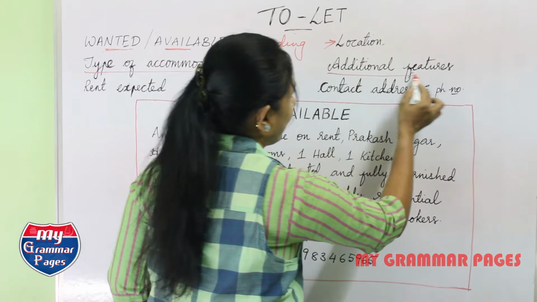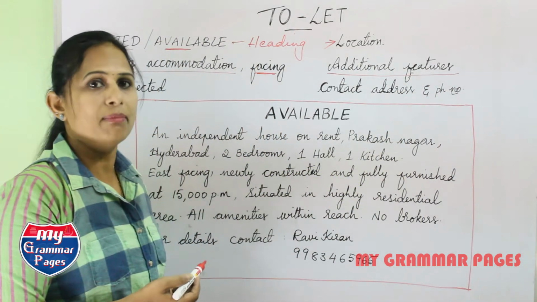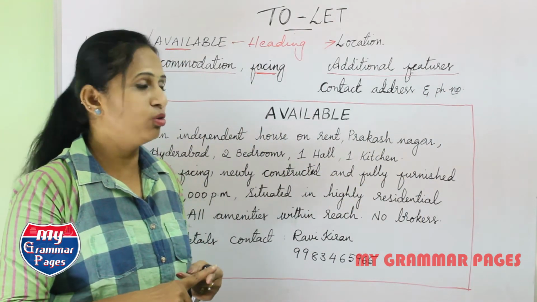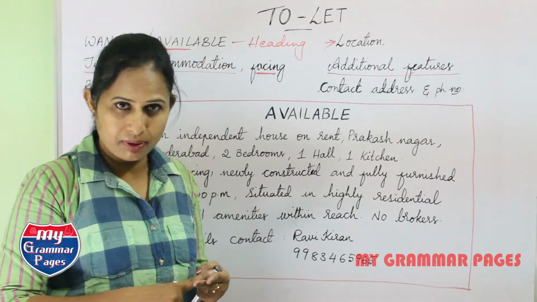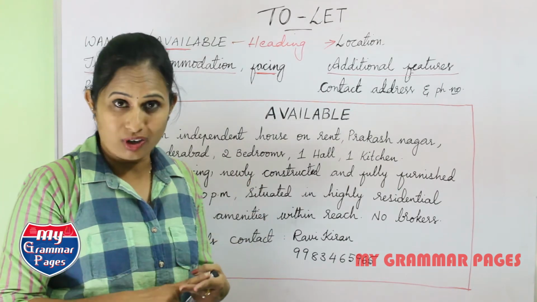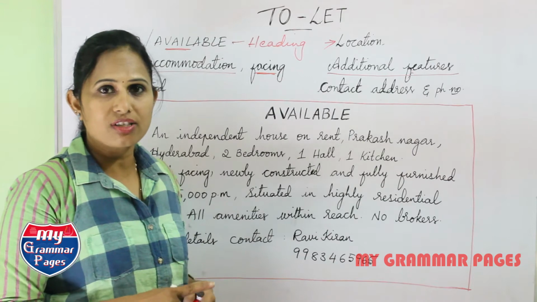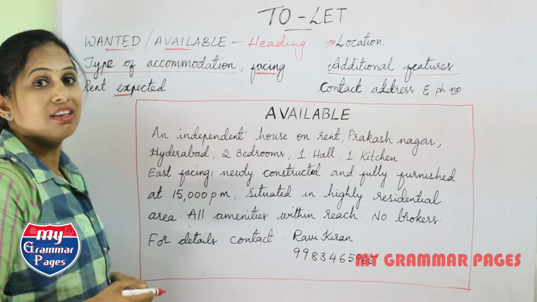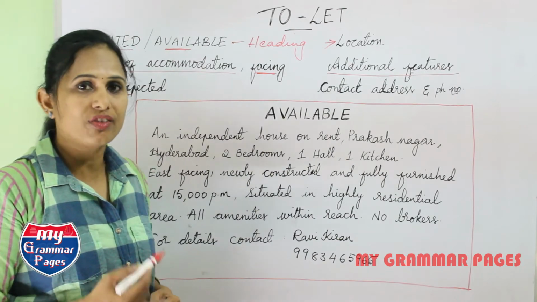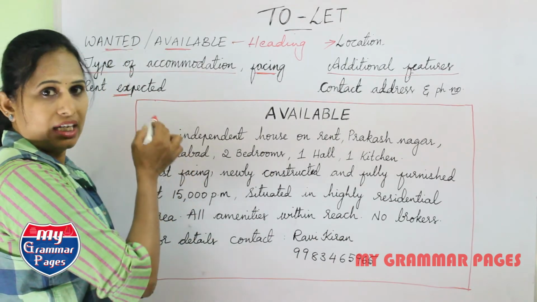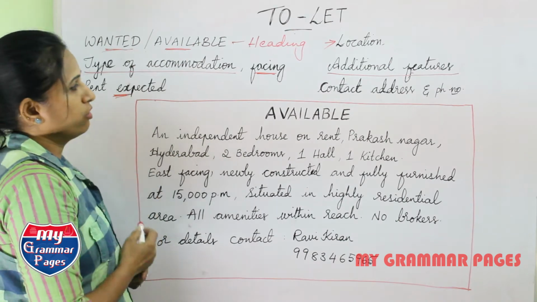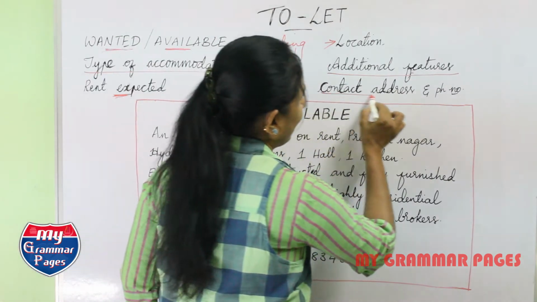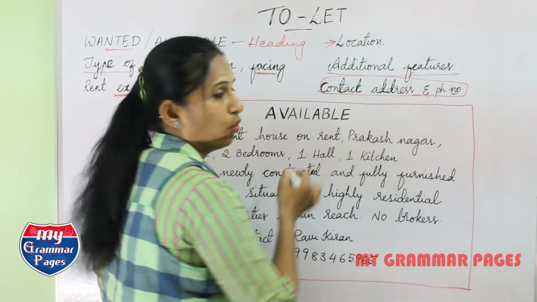And if there are any additional features, such as the electrical supply, the backup, or the Manjira water facility, whatever the additional features are, you need to give an account. And you need to mention even the expected rent, whatever rent you are expecting from the tenants, and the contact address as well as the phone numbers.